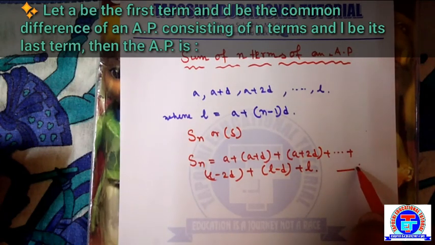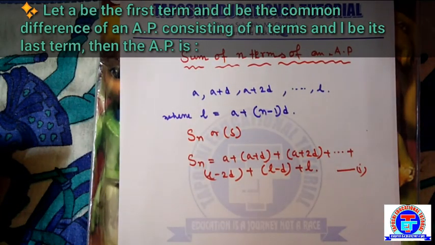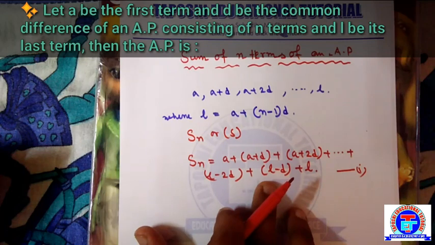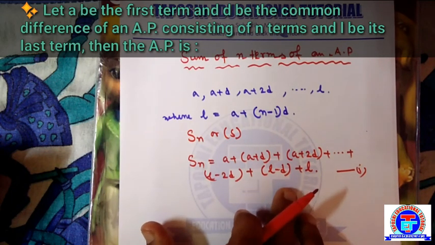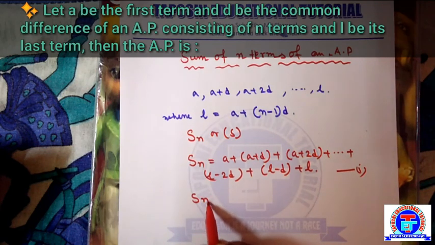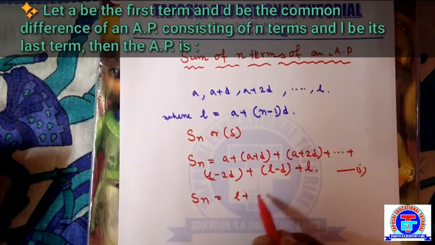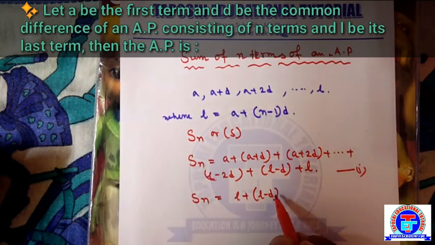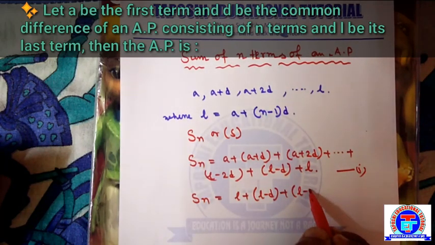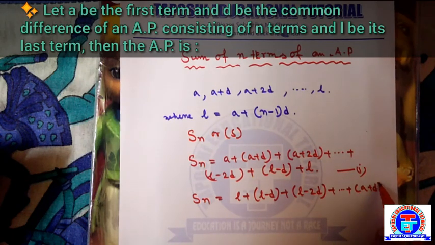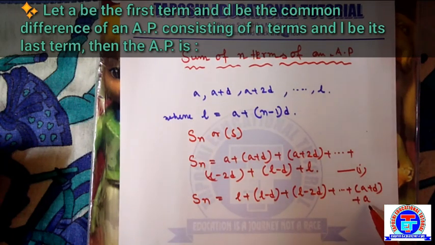This is equation number 1. Writing the terms of the AP in reverse order, we have Sn is equal to L plus (L minus D) plus (L minus 2D) plus dot dot dot plus (A plus D) plus A. This is equation number 2.